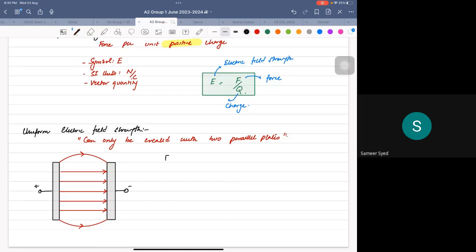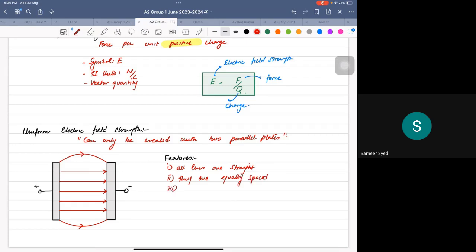Now, what are the features of this? Number one, all lines are straight. Number two, they are equally spaced.